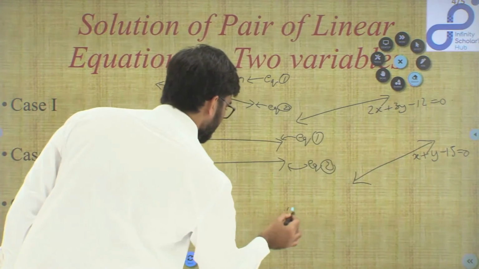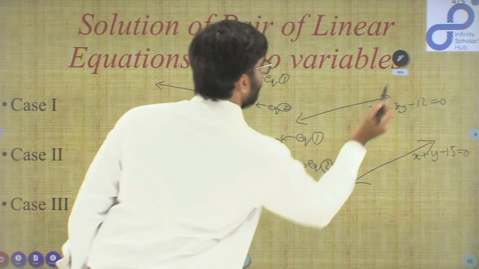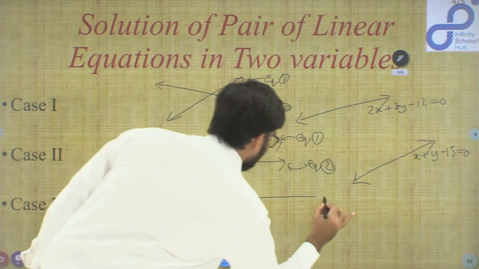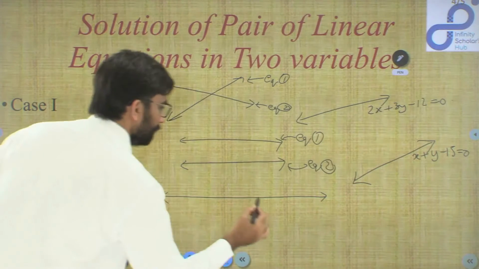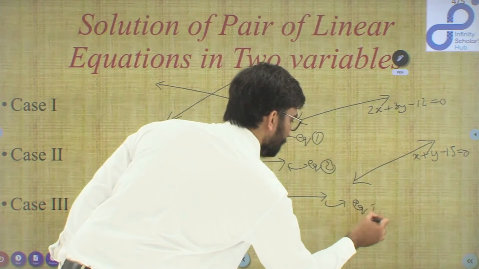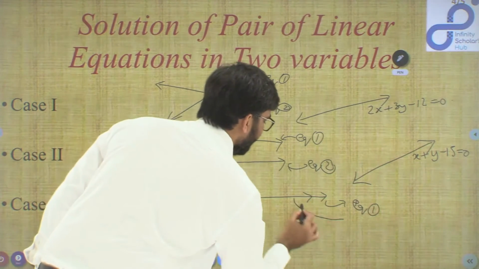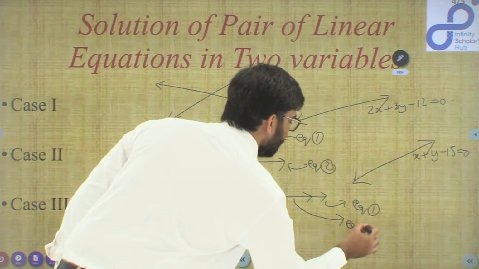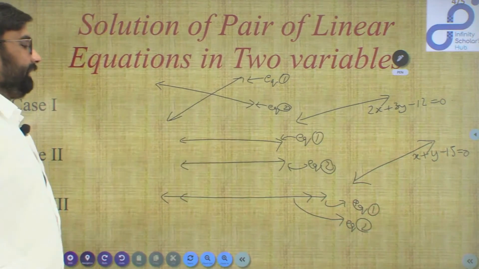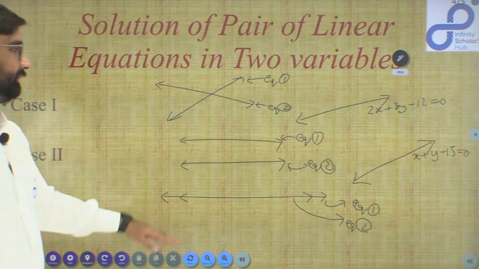Okay, so yeah, so this is one line representing one equation, equation 1, and this itself is the second line which is representing equation number 2. So over here you can see that in the third condition the lines are one upon the other.